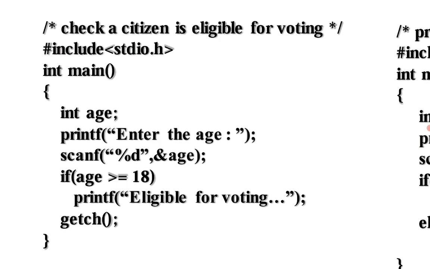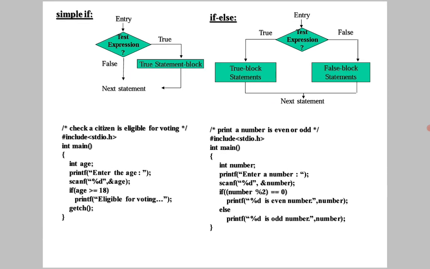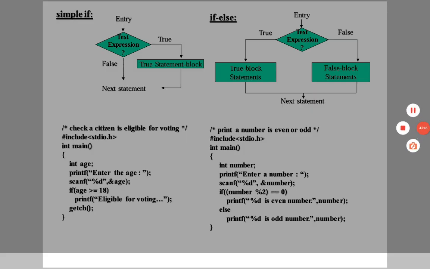The if statement is generally used to test the given condition, whether it is true or false. So the syntax is: if age is greater than or equal to 18. In the next line we display some message on the screen with printf, with the message within quotes. So this is how to write a simple program in C language.